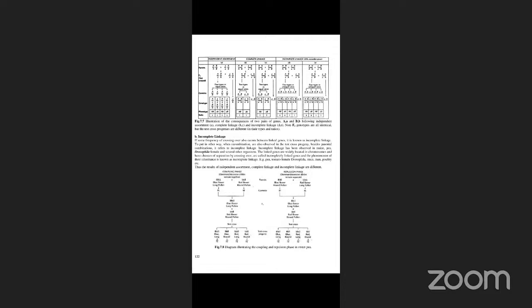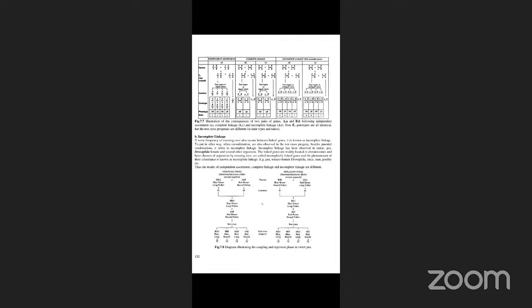So when recombination occurs after a test cross, even in the test cross progeny, besides parental combinations, if any recombination occurs, then that is called incomplete linkage. Usually incomplete linkage occurs, and that was observed in maize, pea, Drosophila female. Complete linkage was in Drosophila male.